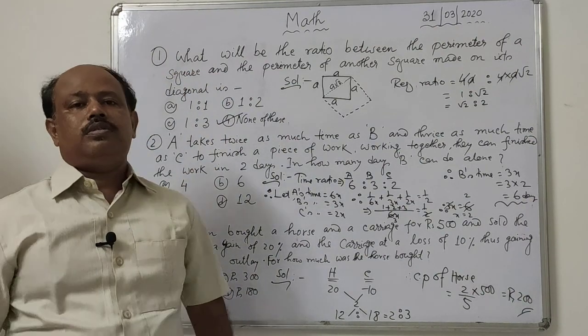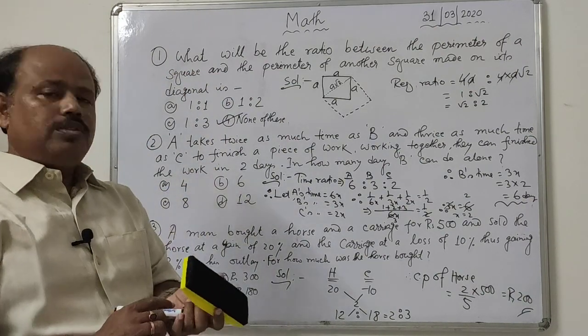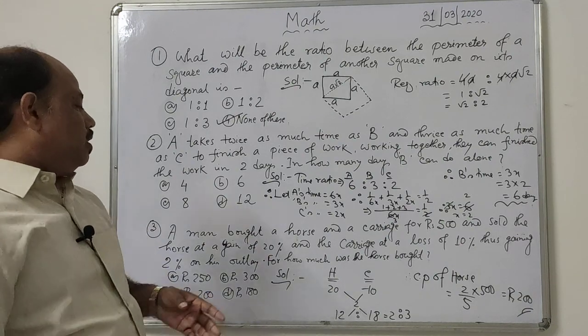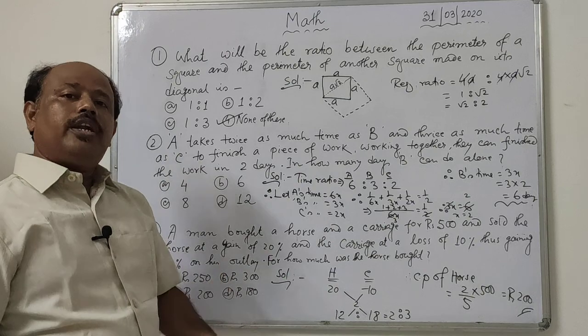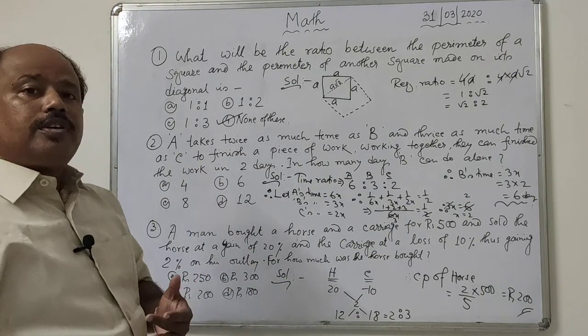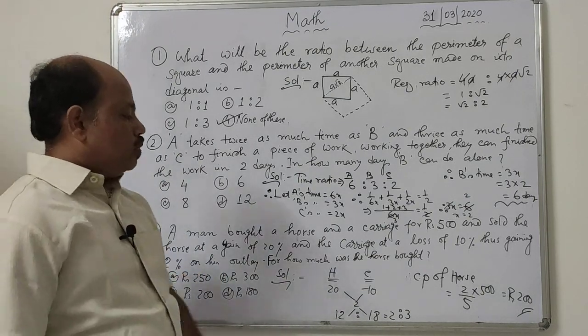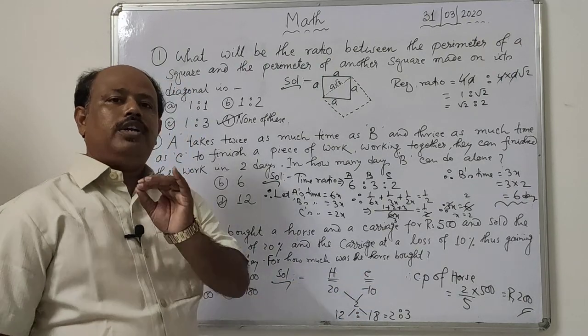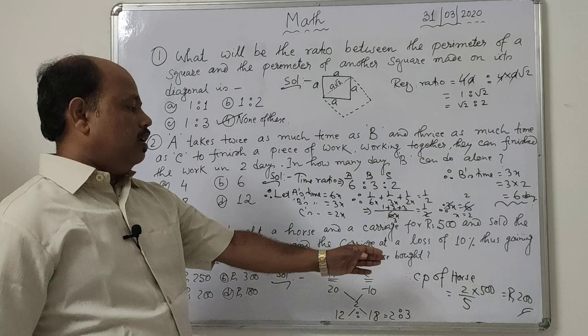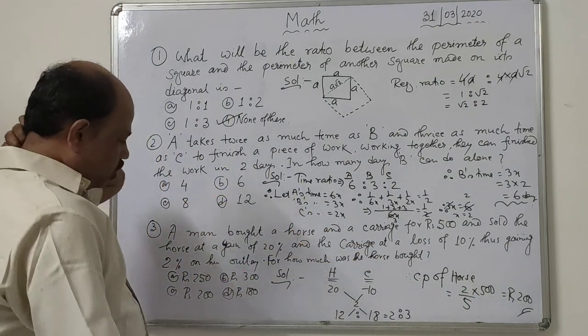Very simple, but VVI for you, this type of question. The method we used is called the mixture and alligation method. With that method, within 1 second you can find the answer easily. That is the answer. And which option is correct?